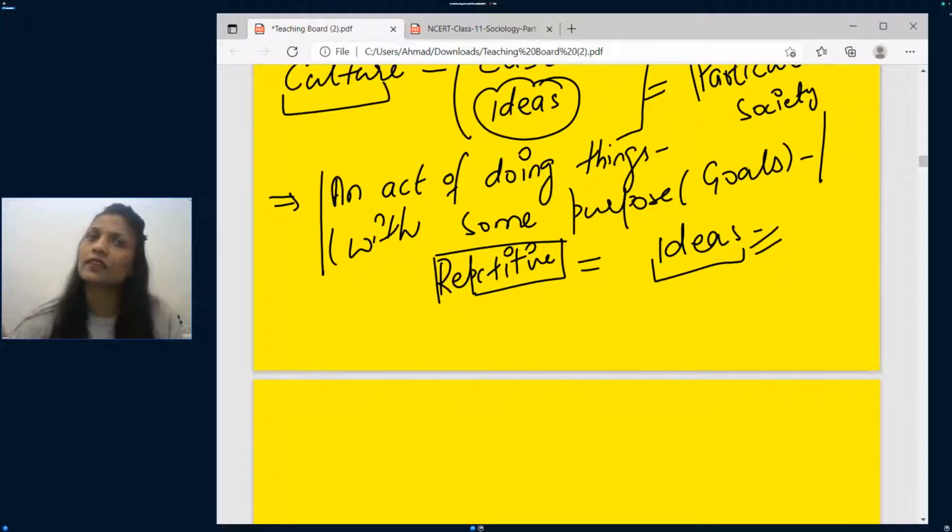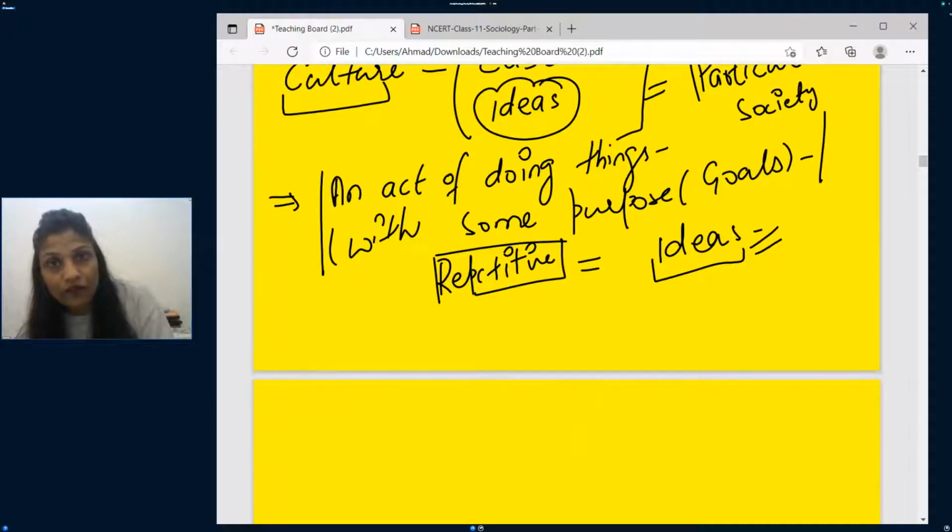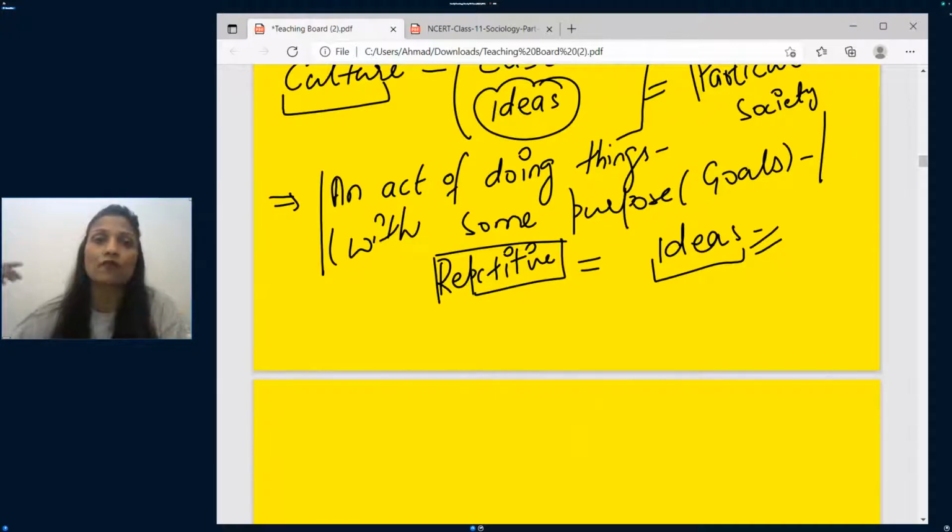And very correctly you said, Shibu, a particular society. With a particular society, what do we understand? Geographical location. So my culture will be different from your culture because my geographical location is different from yours. I will be wearing my clothes, those material things, according to my culture, and that will definitely have some impact from my geographical location.